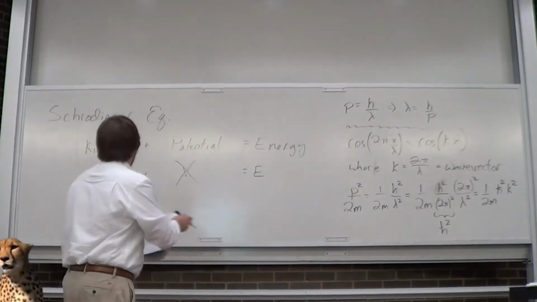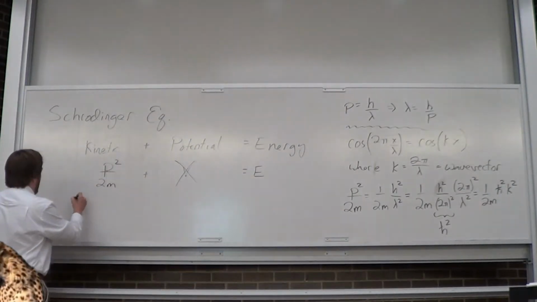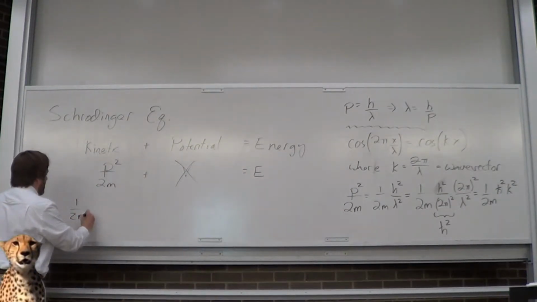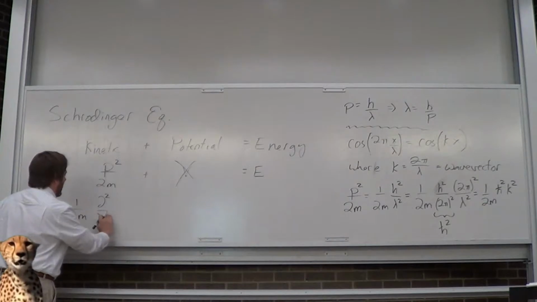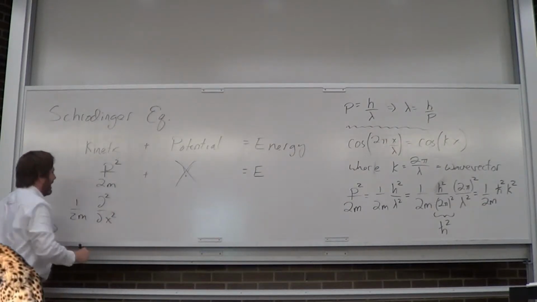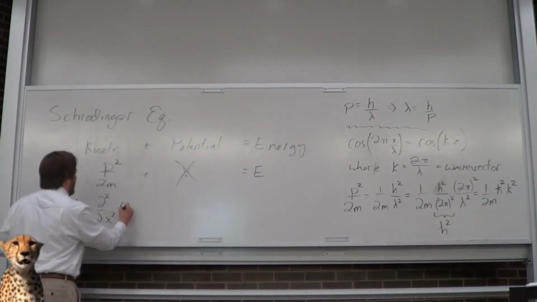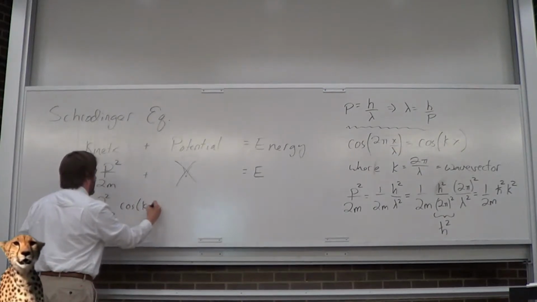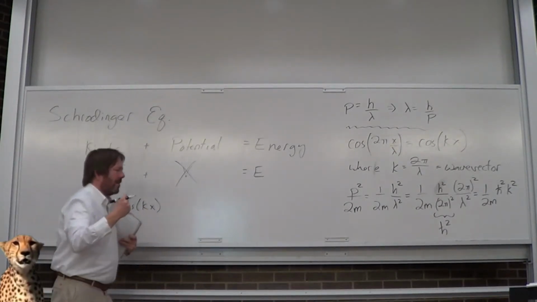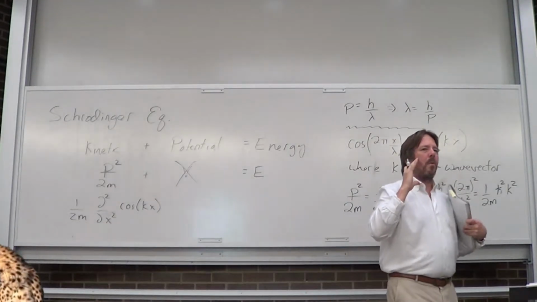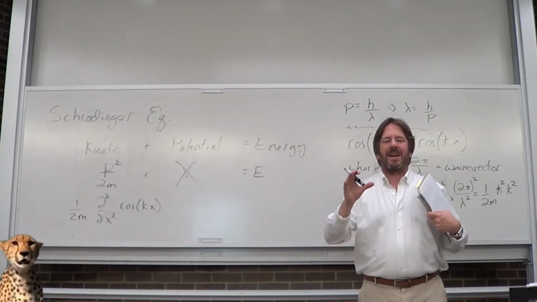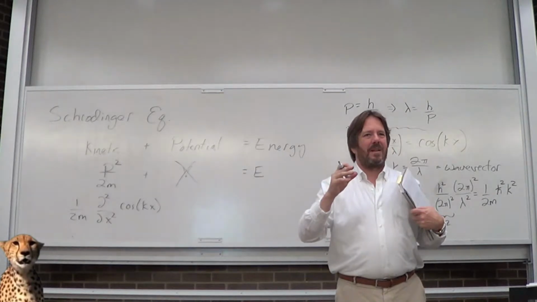Right, second derivative. Okay. So let's take 1 over 2m. Let's do a double derivative. Did I put the 2 in the wrong spot? No, I did. Okay. Cosine k. Now hold on a second. All right, so I got a problem. What's the double derivative of cosine?